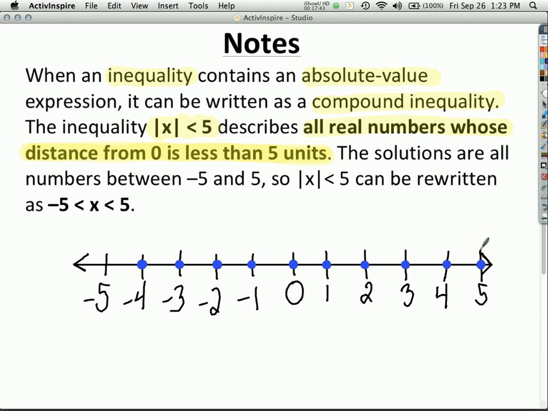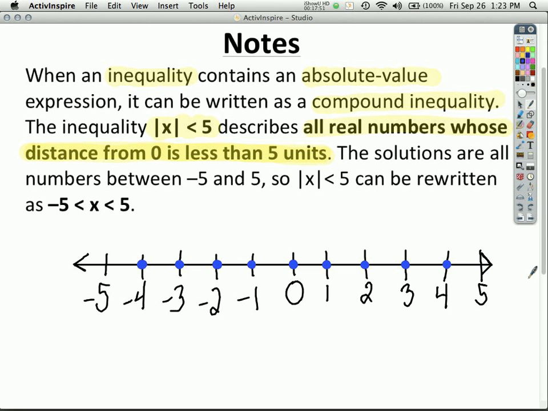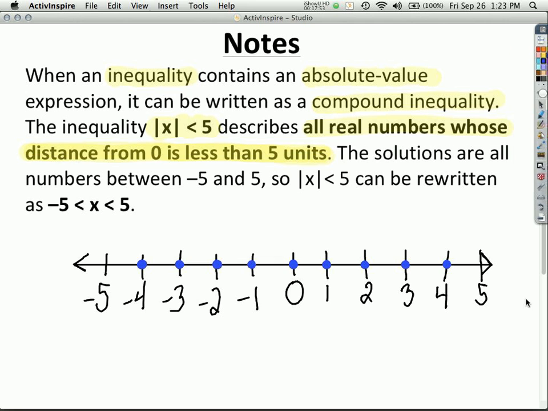5 is 1, 2, 3, 4, 5 units away. That's not less than 5, that's equal to 5. So, unfortunately, that one doesn't count. Okay, Adriana? 1.5. Half, 1, so that's 1.5 units away. Beautiful. Give me another one. Gary? 2.3. So I'll estimate that to be about right there.